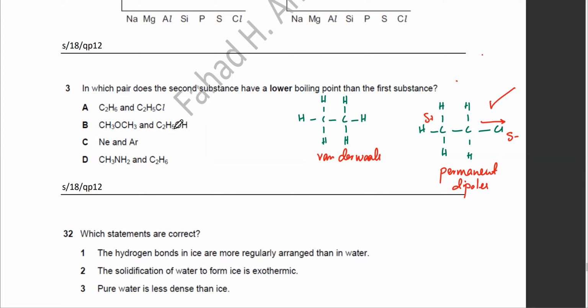Let's talk about option B. There's an O, and remember, when you have O, it's a bent molecule, the shape. When you're talking about intermolecular forces, focus on the shape.